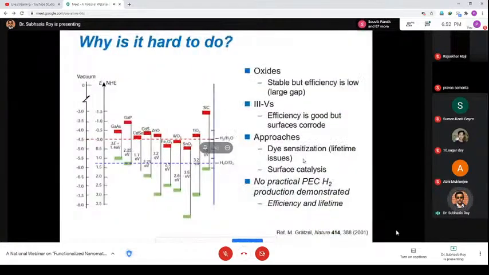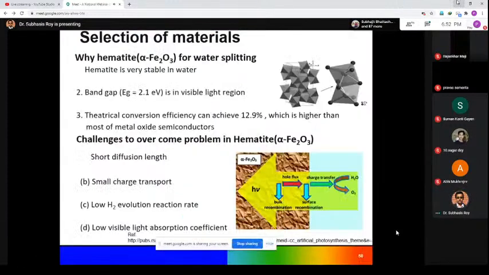For selection of the material, if you look at the table, you see the Fe2O3, iron oxide, that has a very low band energy. That means it is very useful for photocatalytic applications.